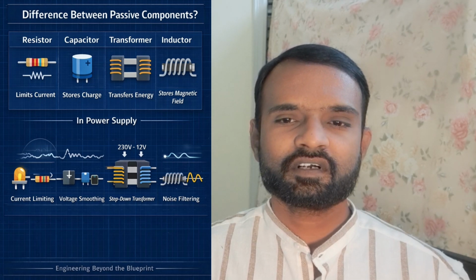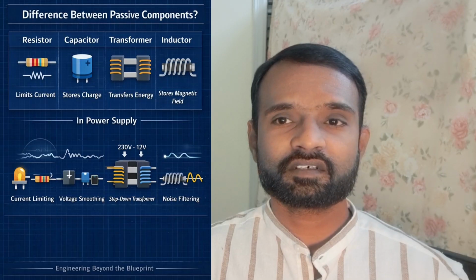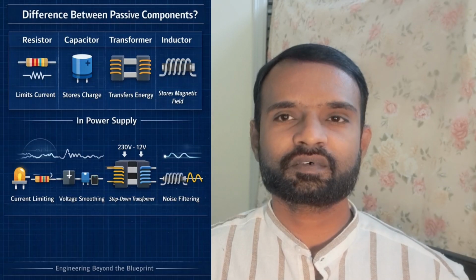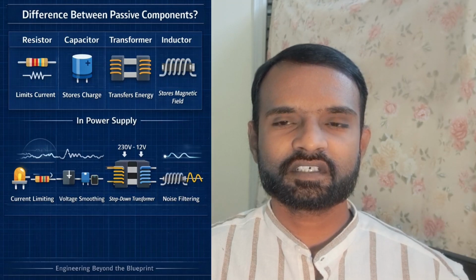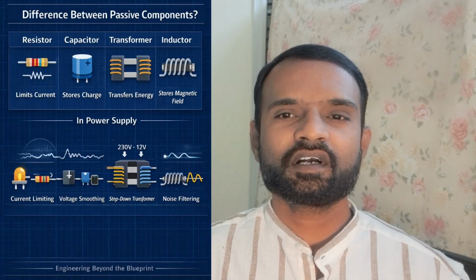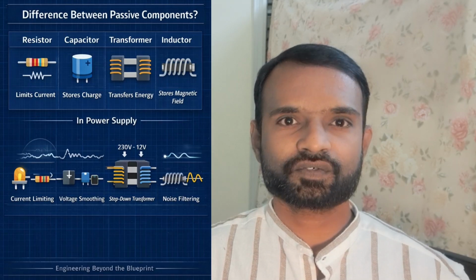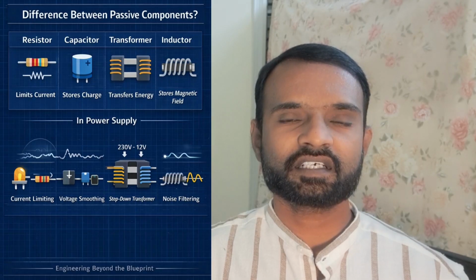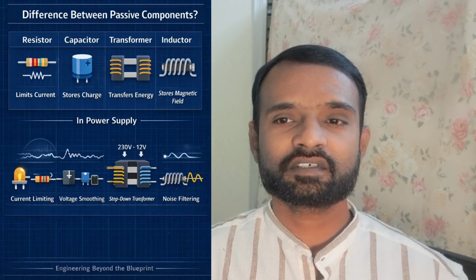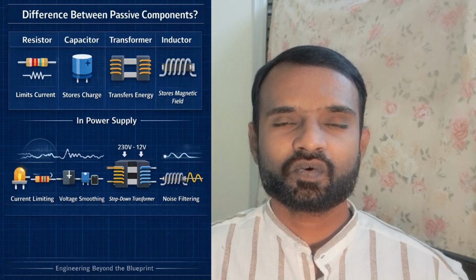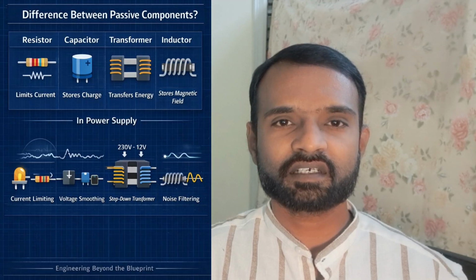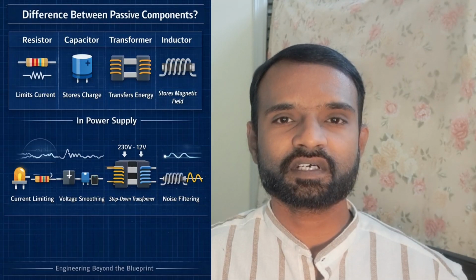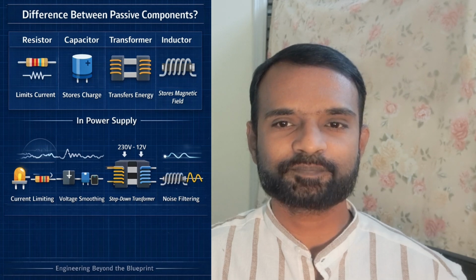Next comes the difference between resistor, capacitor, transformer, and inductor. As you know, a resistor's functionality is to oppose the current flow, and a capacitor stores electrical charge. A transformer transfers electrical energy from one circuit to another circuit using electromagnetic induction without electrical connection, right?